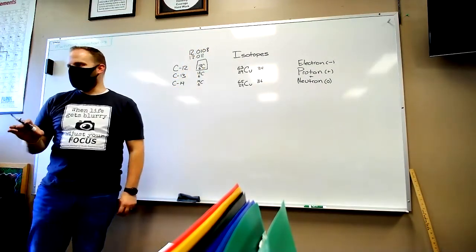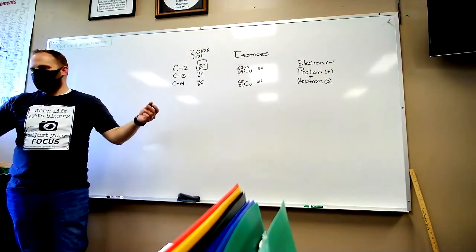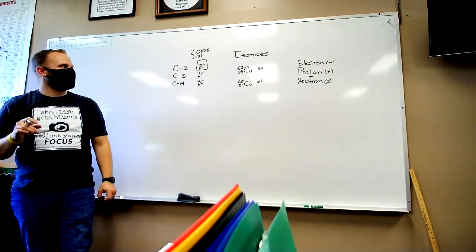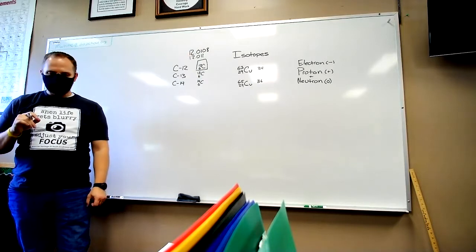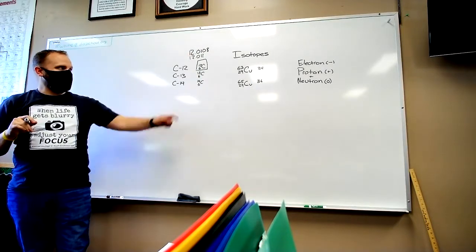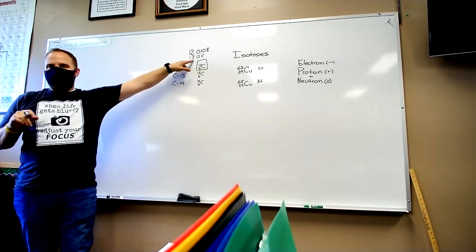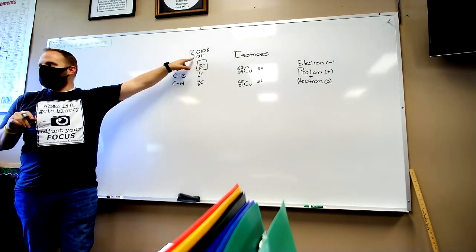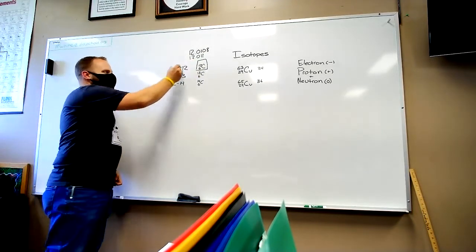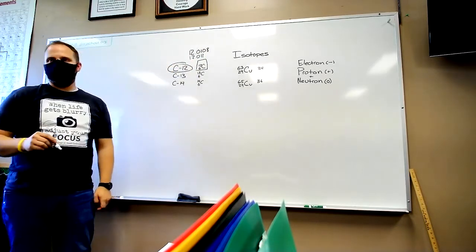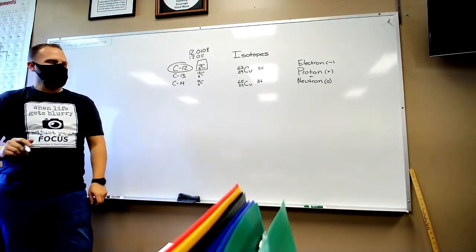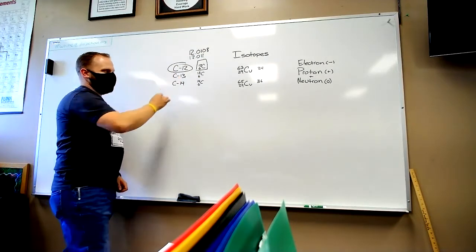You can use either value, whichever one you have in front of you. But if you notice, that's almost exactly 12. That tells us most of the carbon is going to be carbon 12. There's only a little bit that is 13 and 14.